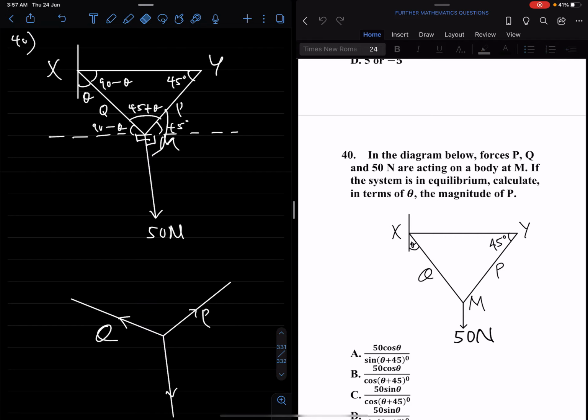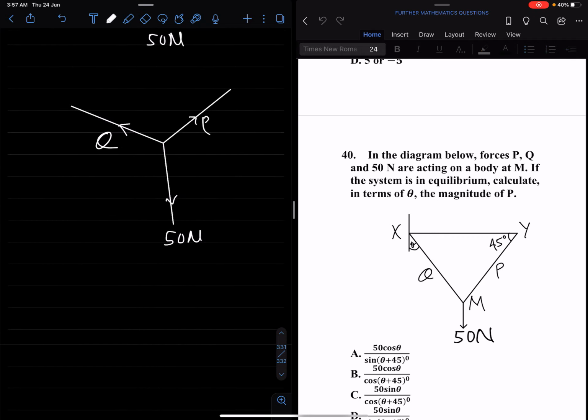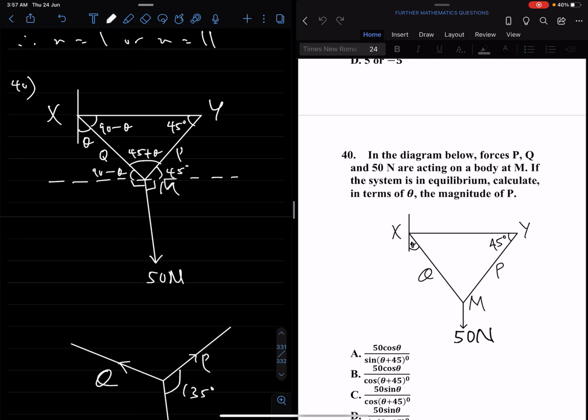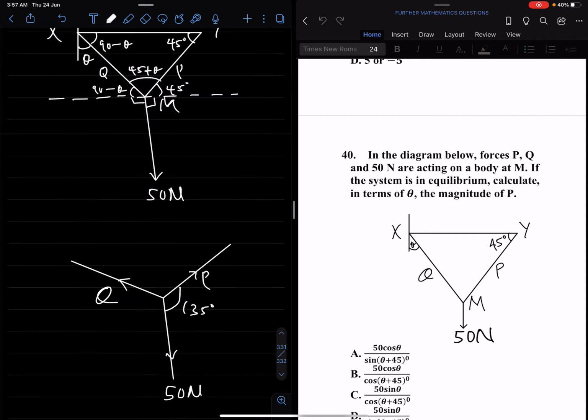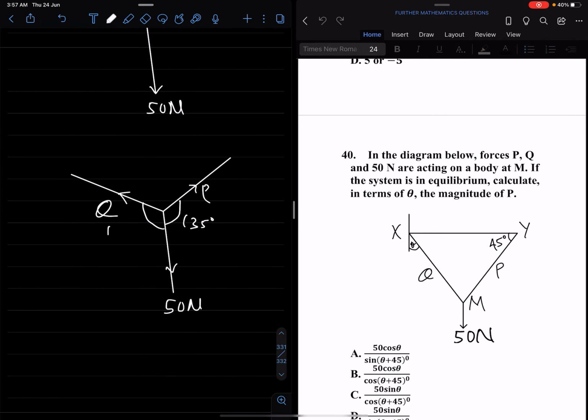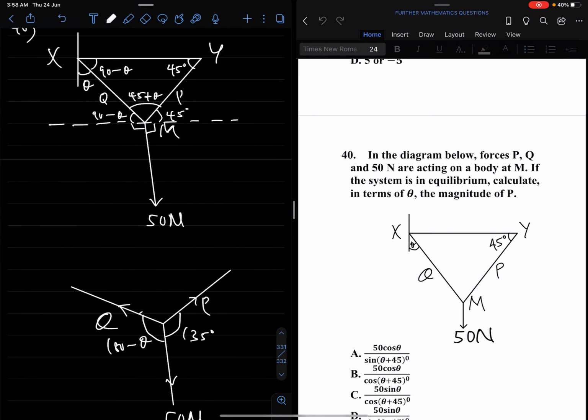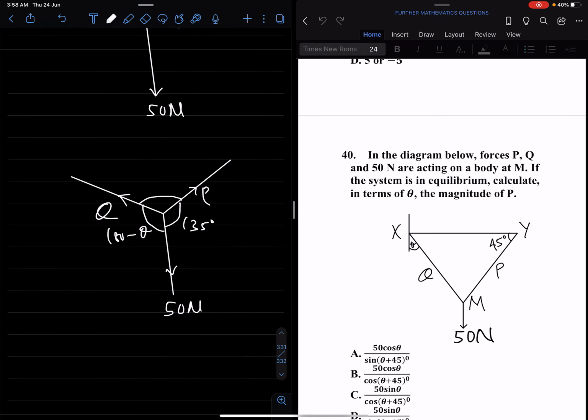The angle between forces P and 50 newtons is 45 plus 90, which is 135 degrees. And the angle between forces Q and 50 newtons is 90 minus theta plus 90, which is 180 minus theta. And the angle between forces P and Q is 45 plus theta.